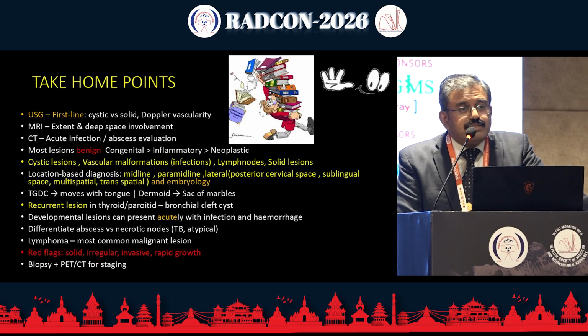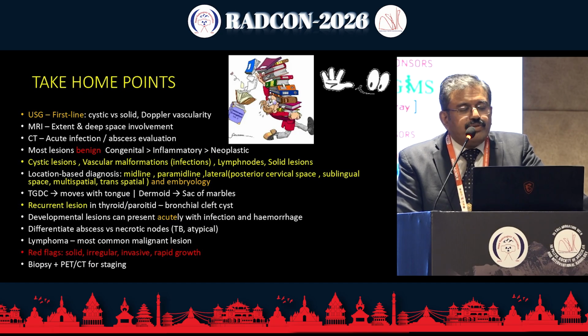The cystic lesions are divided into midline, paramidline, or lateral lesions. We have specific lesions in specific compartments, or they may be multiple transspatial compartments. And embryology helps to know the diagnosis in some of these lesions.